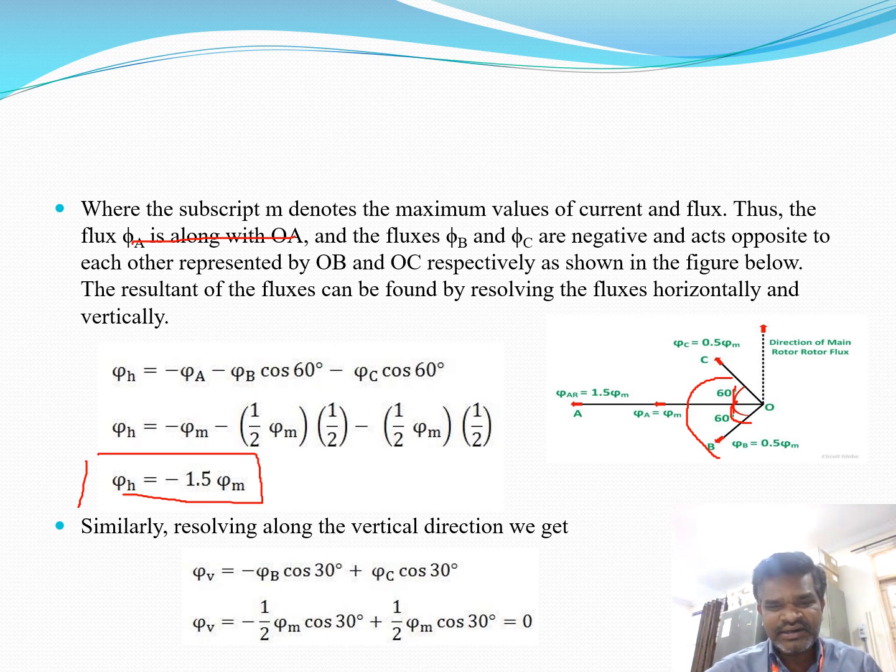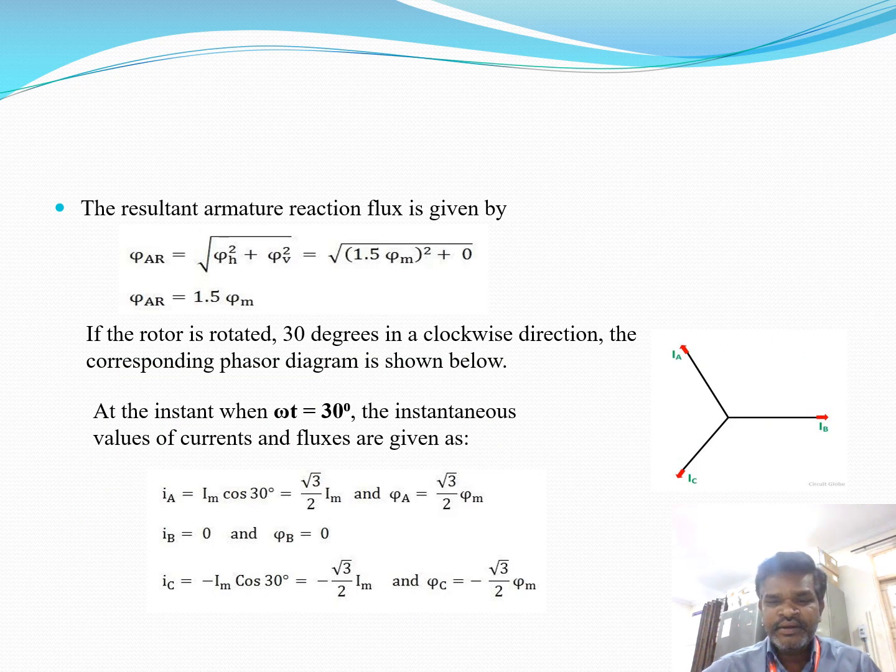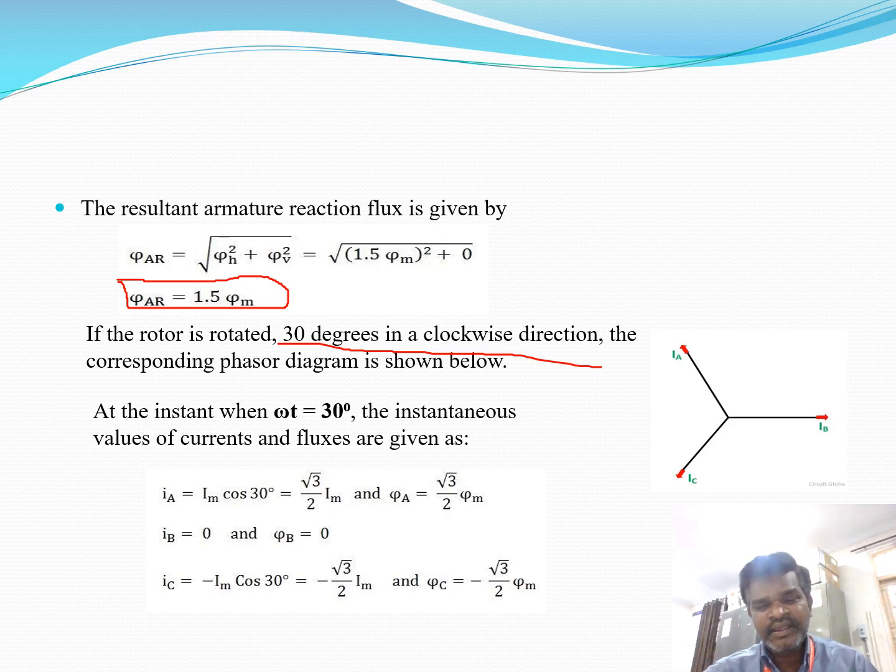We can calculate it at any angle. So the resultant armature reaction flux is given by 1.5 times the maximum flux. If the rotor is rotated 30 degrees in clockwise direction, the corresponding phasor diagram is like this.